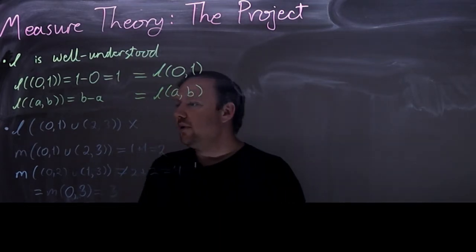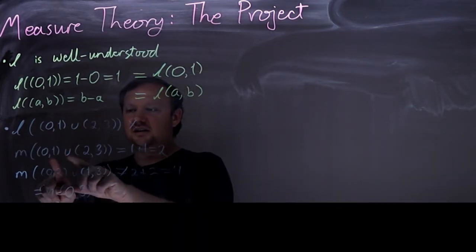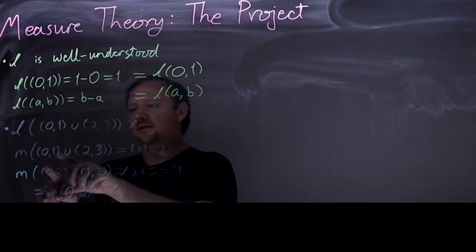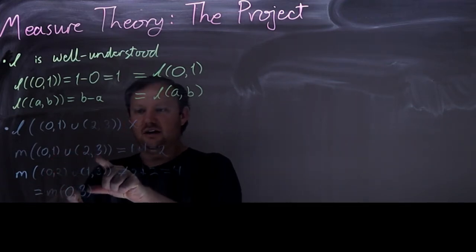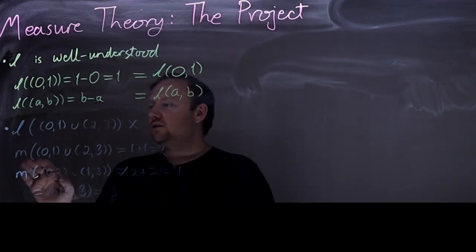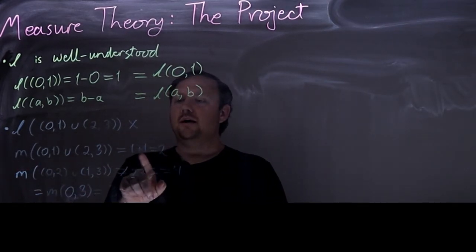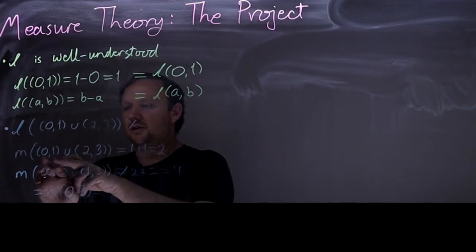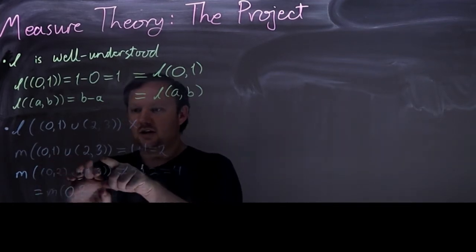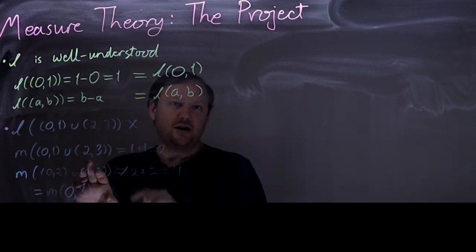So if you have this disjoint union of two things, and this has length 1 and this has length 1, then we would want to define the measure of this to be the length of this plus the length of that, so it comes out equal to 2 in this example.